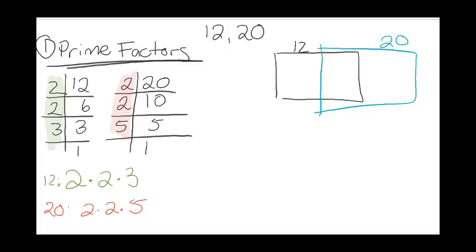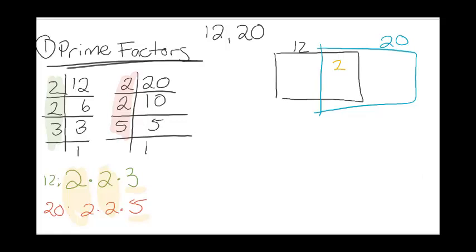Now, I'm looking at my factors over here, and the first thing I see is that the number 2 is shared by both. The second number 2 is shared by both, and the 3 and the 5 are separate. So those numbers that are shared, I am going to place in the middle.